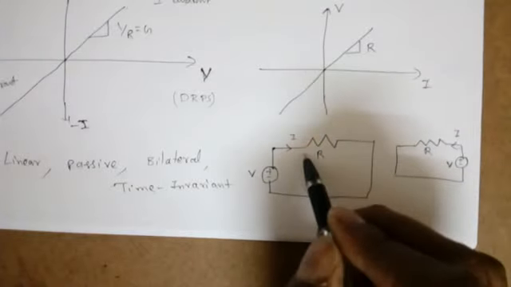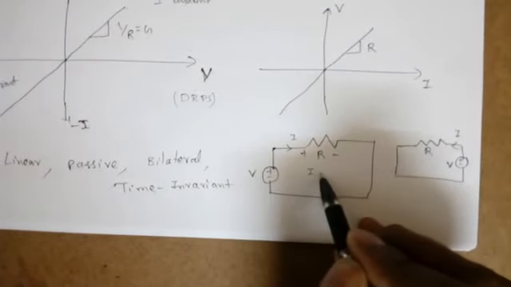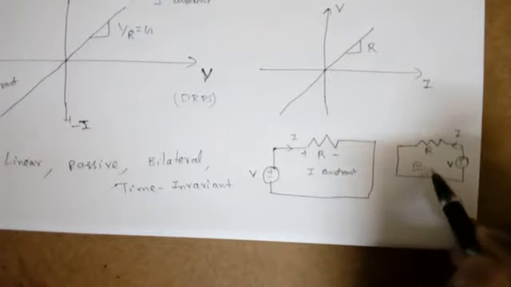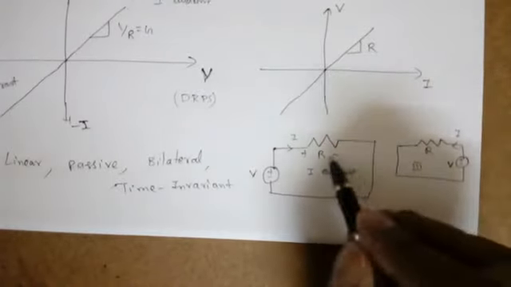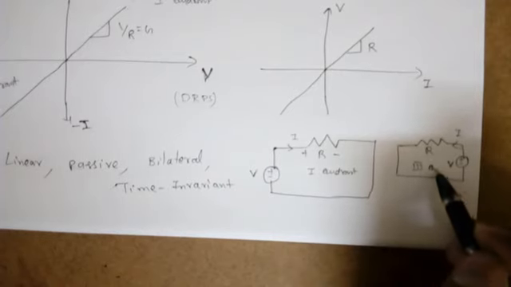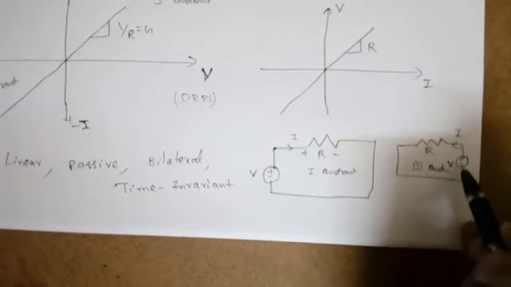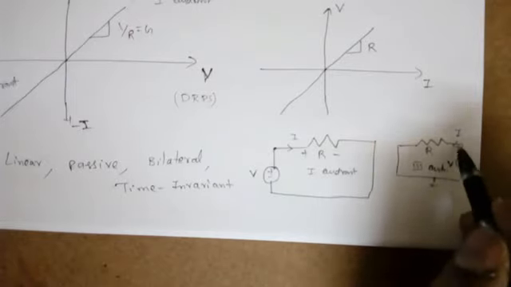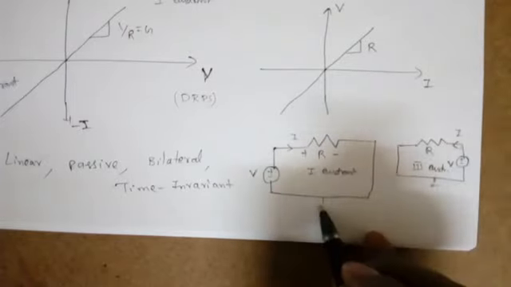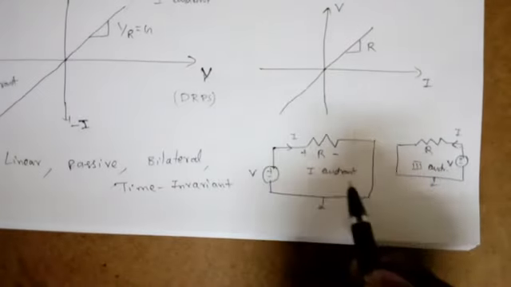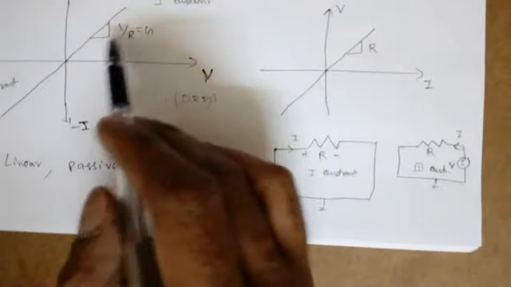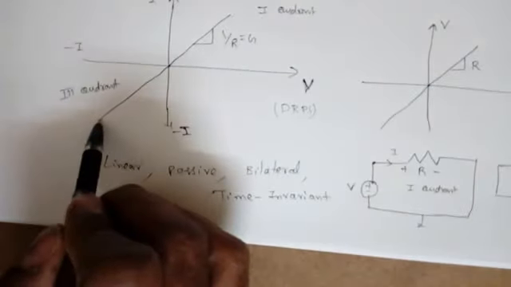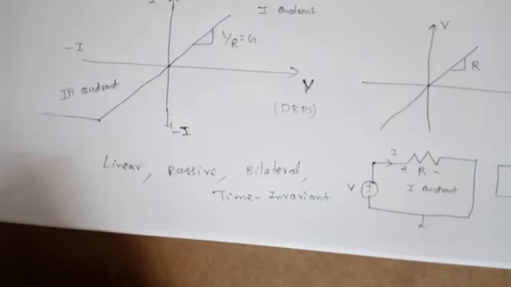So if this is the first quadrant, and if I go to the third quadrant also, the resistance should be same, right? That means if I change the voltage polarities, the current should also change its direction. So that is the first quadrant and third quadrant. If the slopes are same, we can say it is bilateral. Suppose it is somewhat like this, then it is not bilateral, right?